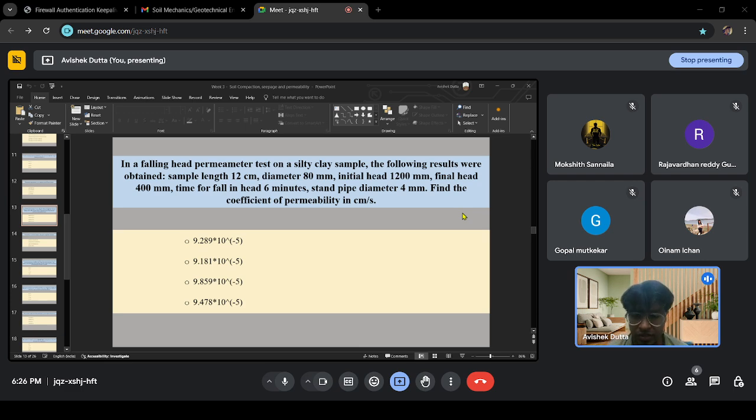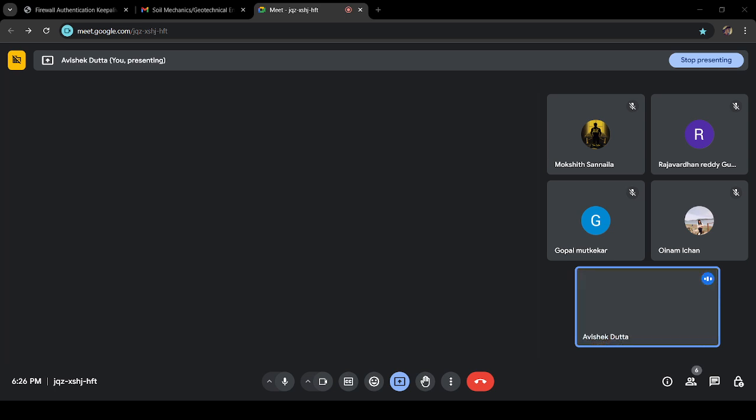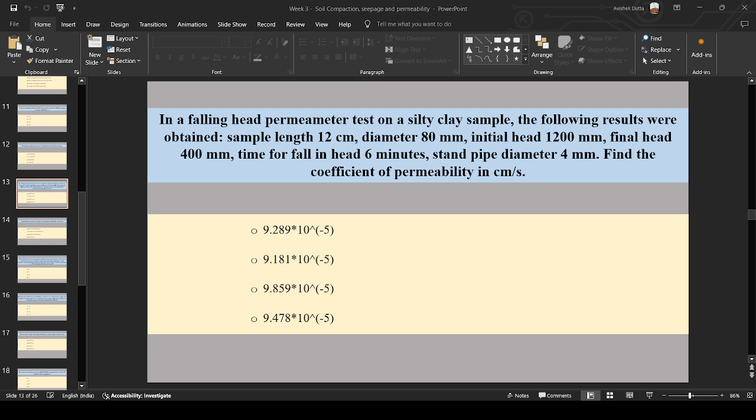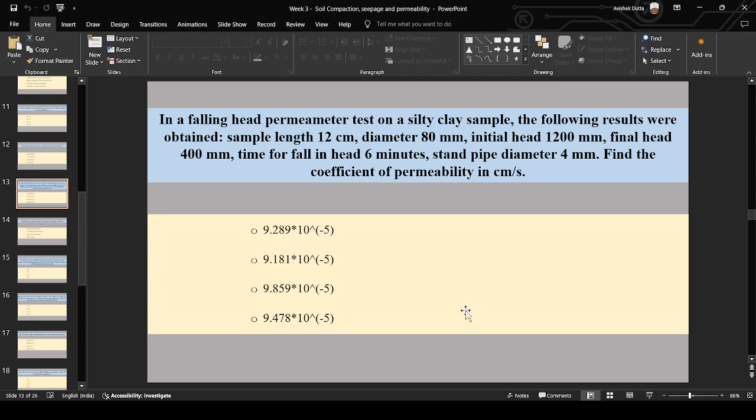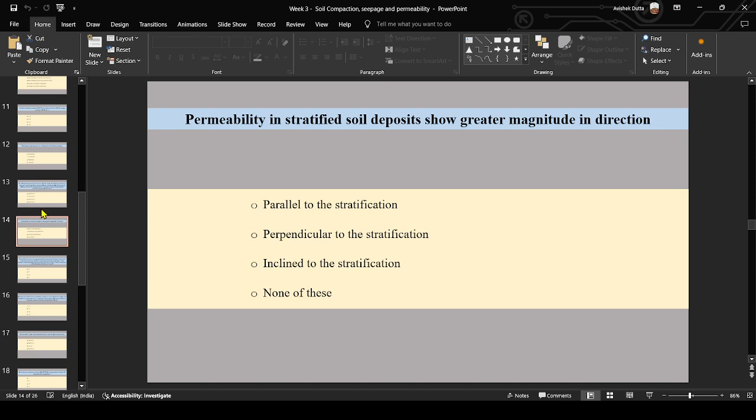Find the coefficient of permeability in centimeter per second. Next question.